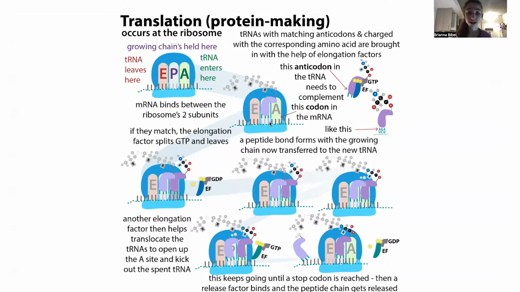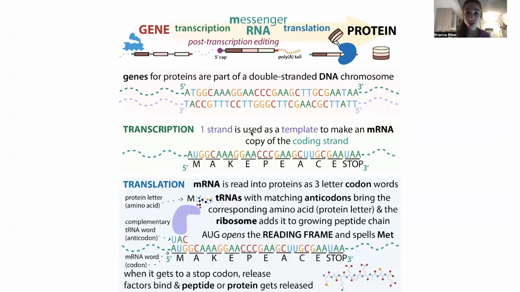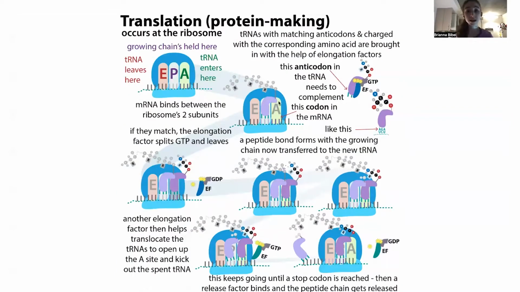The messenger RNA is a copy of the gene with the original instructions. The tRNA brings the corresponding amino acid, and in this way you can link up distinct orders of amino acids into these polypeptides.